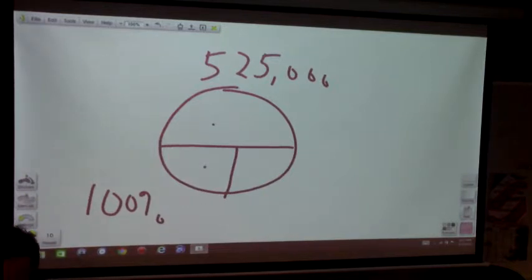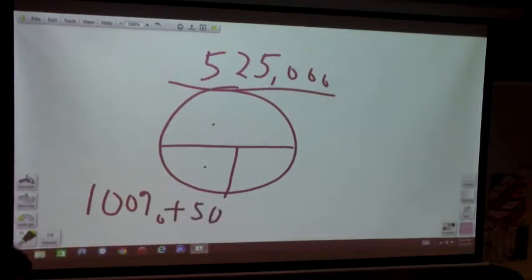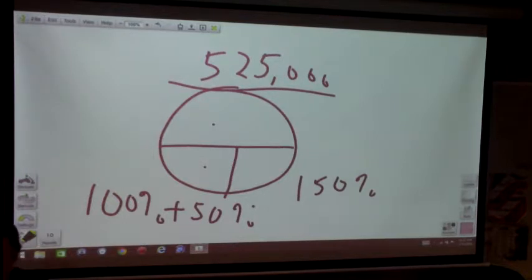So what is this figure here? Isn't that what he paid for it plus 50% profit? So this figure is 150% of what we're looking for. Everybody see that? Top to bottom you divide. 525,000 divided by 150% or 1.5, either one. And you get 350,000.